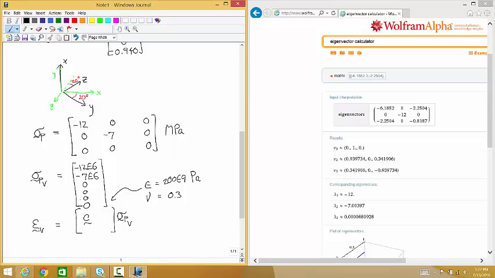There was just no multiplication by 10 to the 6 on your eigenvector. For your eigenvalues and eigenvectors, it doesn't come into it. At the end, you just have to remember that you're doing it all in terms of megapascals. It matters when you multiply by the compliance matrix because that has other units in it. So you have to make sure the units match.